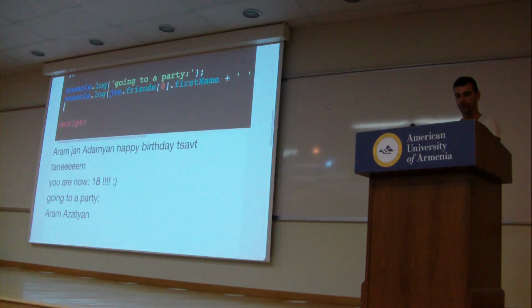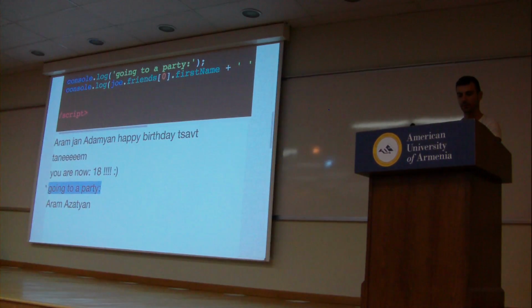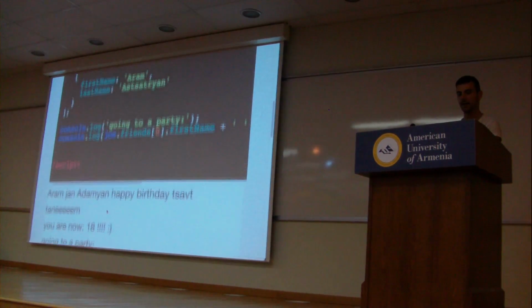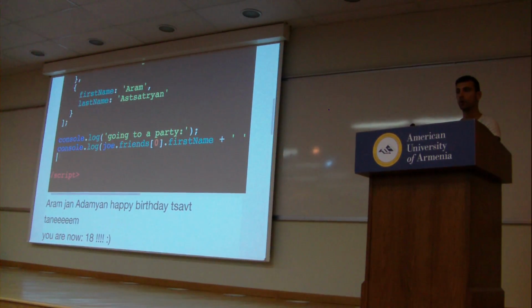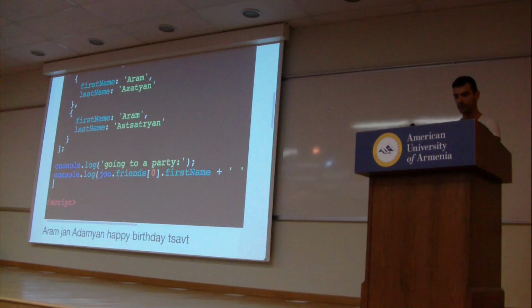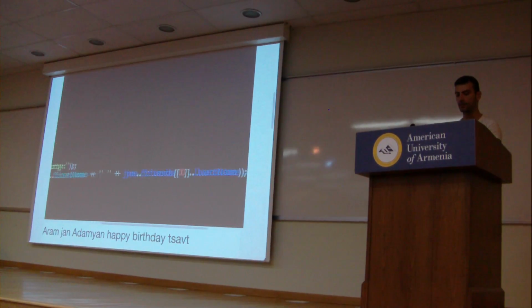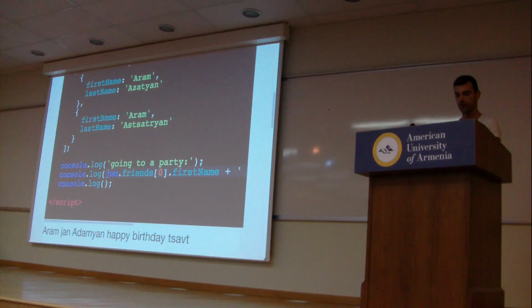So now we have going to party, Adam Azata. Nice. We have one more individual, Adam, the second Adam. Right? So console.log, and we basically do exactly the same thing, except instead of the 0, we have the 1.